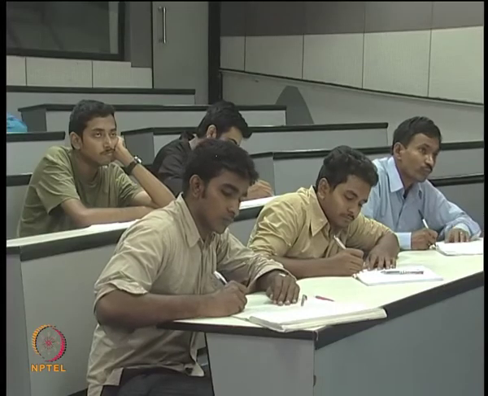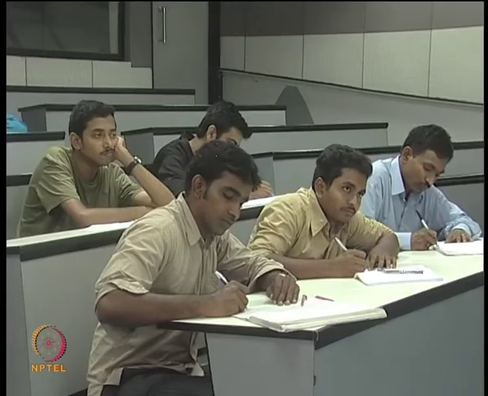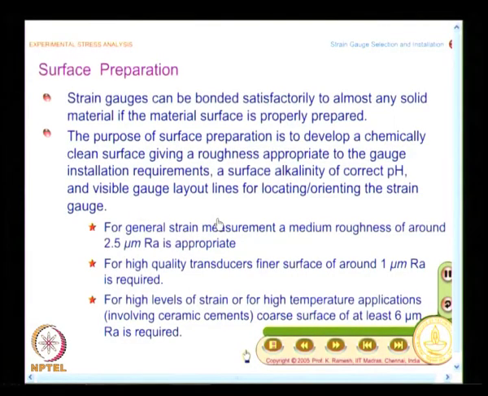So, that is the reason why the strain gauge carrier comes with markings on it, and when you look at the kind of roughness, it varies. For general strain measurement, a medium roughness of around 2.5 micrometer is appropriate.